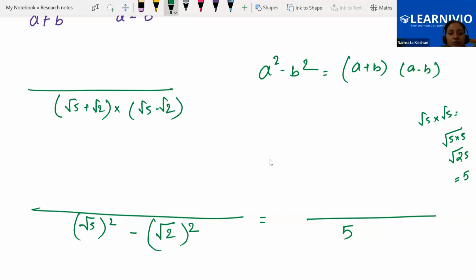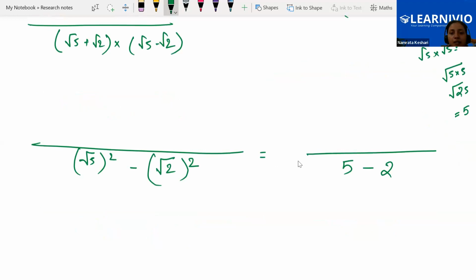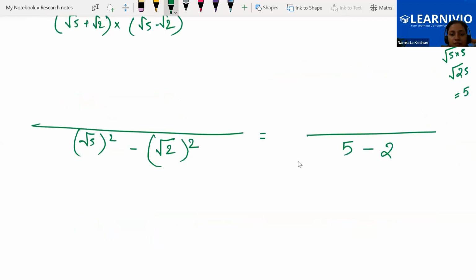Okay, so root 5 square is only 5 and root 2 square is, ma'am, 2. The square of root 2 is just 2. Now successfully, can you see we have removed the root sign from the denominator?